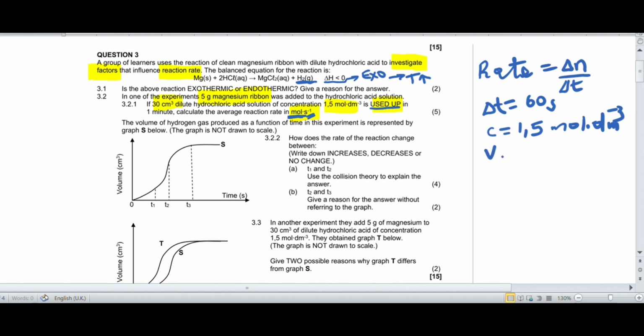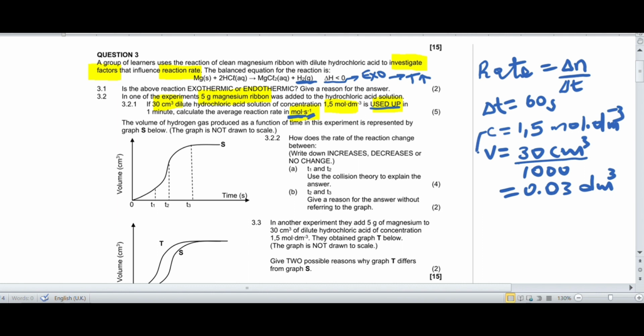So we divide by 1000 to change the centimeter cube to dm cube. So we get 0,03 dm cube. So this is the volume we will use.